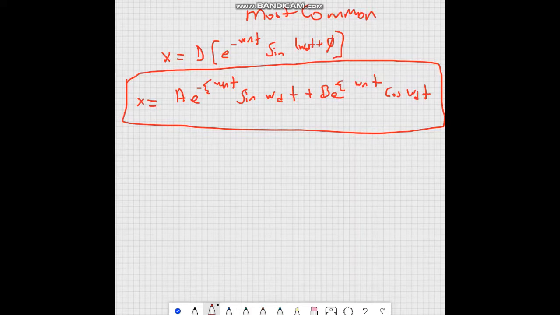We use here damped natural frequency. So let's define it.